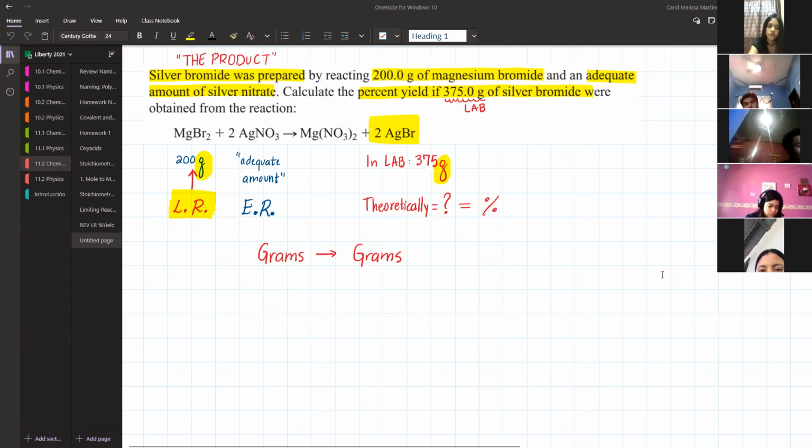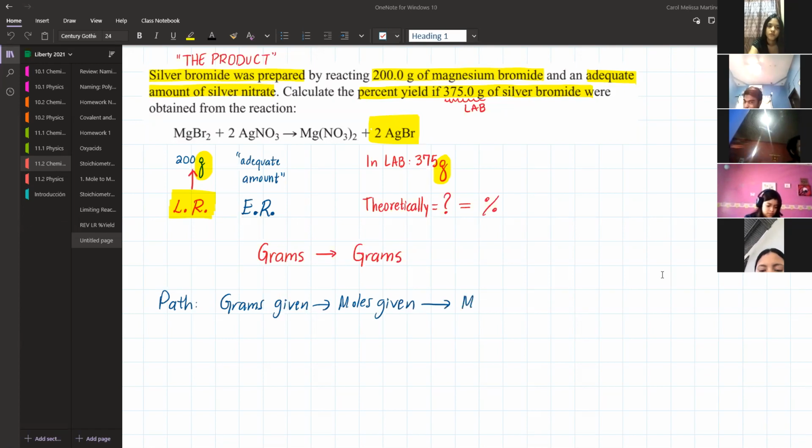The grams to grams path that I gave you is this one: from grams given to moles given, from moles given to moles unknown, and from moles unknown to grams unknown. That's the path that you follow.